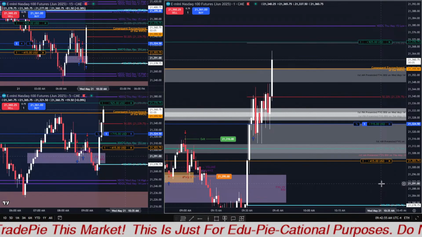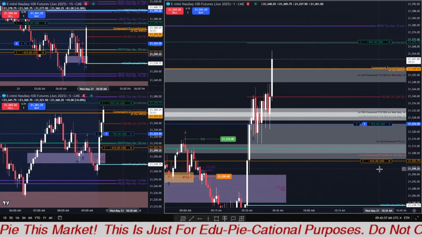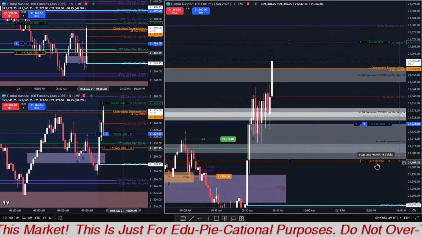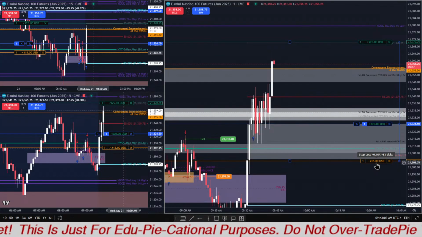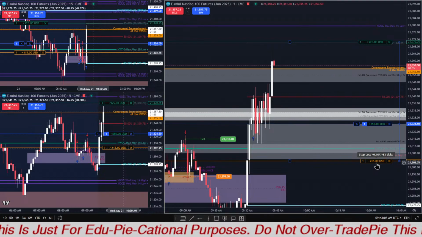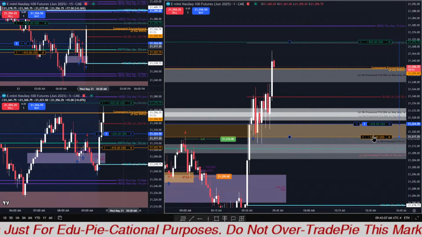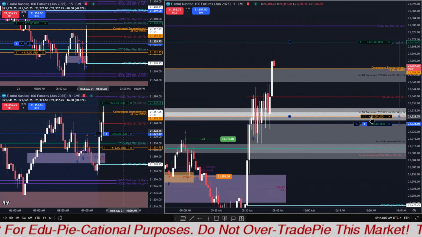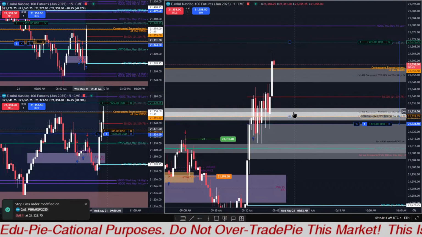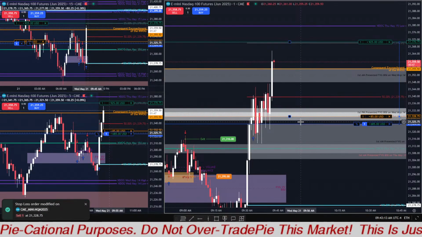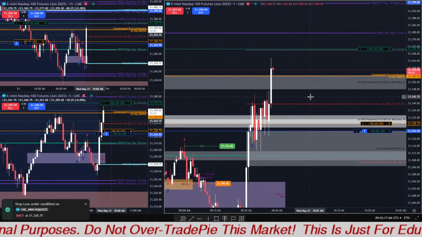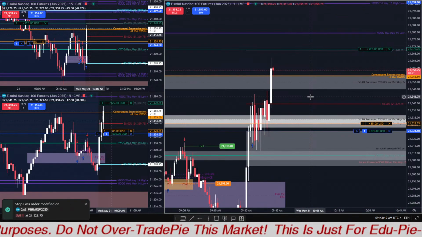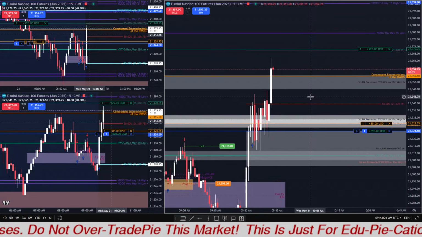Market is gyrating around the midpoint of the consequent encouragement of the new week opening gap, and we had a nice close above the consequent encouragement. At this point, I bring my stop loss over here below the midpoint of this first presented fair value gap in order to cover the costs and fees.